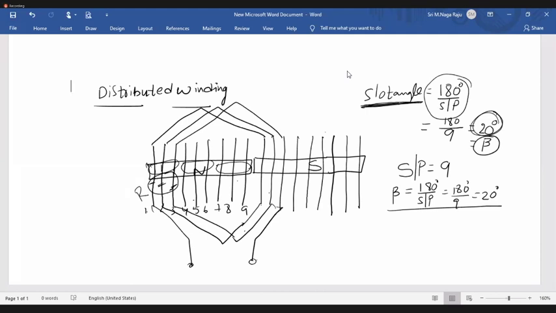In this case, write down. In this case, the conductors 1, 2, and 3 belong to one phase, and have a phase angle difference of 20 degrees between each.